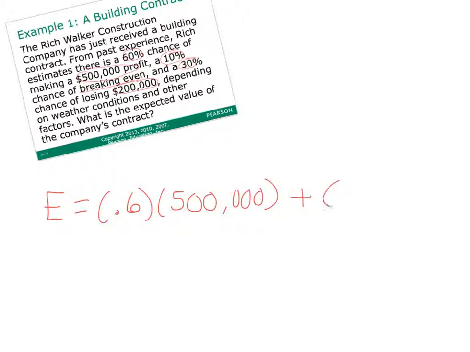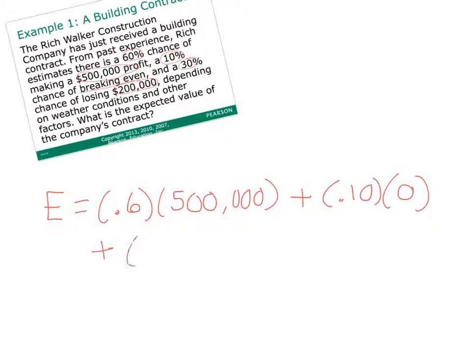So if we use our formula, our expected value is the probability of event 1 occurring. So a 60% chance means that you have a 0.6 probability of making a $500,000 profit. Plus, you have a 10% chance, which is 0.1, of breaking even. So that means you earn $0.